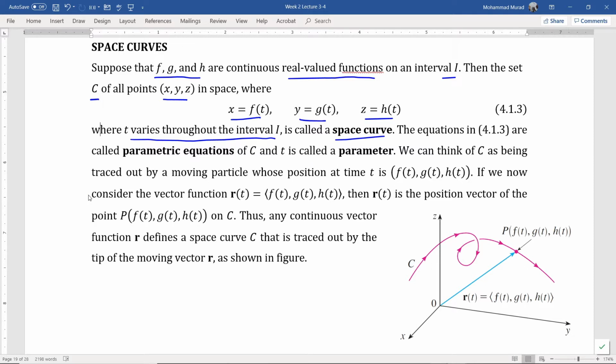The equations in equation 4.1.3 are called parametric equations of the curve C, and t is called a parameter.